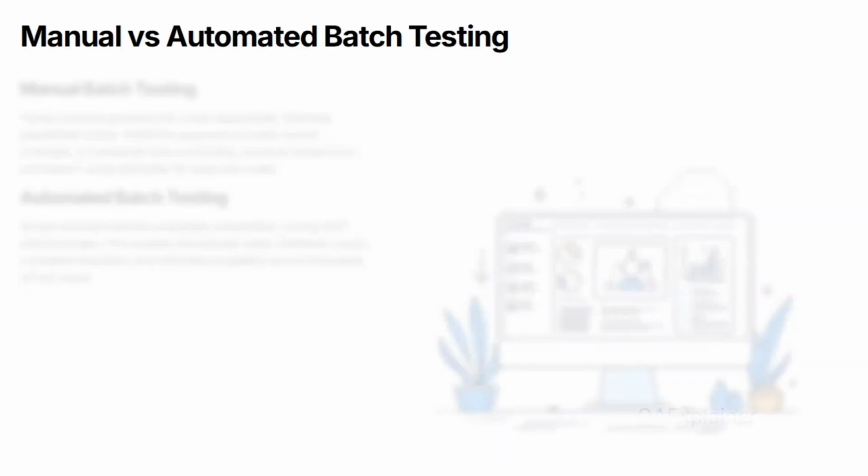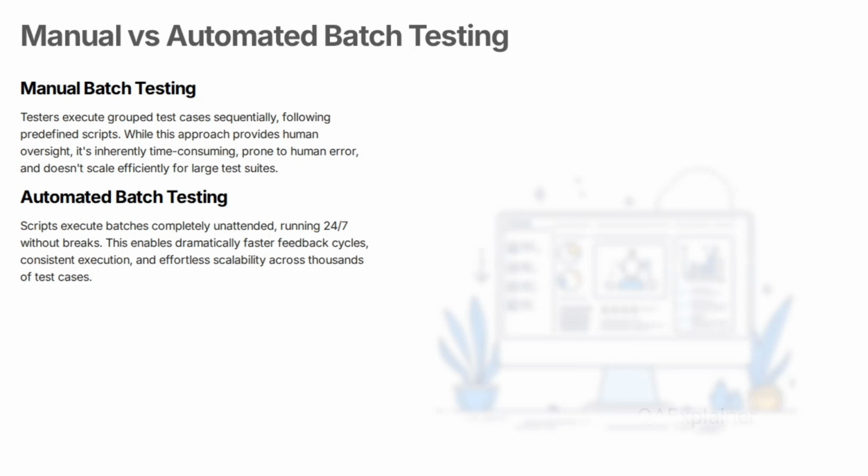Now let me tell you about manual batch testing versus automation batch testing. What is manual batch testing? Here testers execute a group of test cases sequentially, and if any predefined scripts are there, they run those predefined scripts. They rely on human oversight, which also brings human errors, and they also have to consider scale efficiency and large test suites.